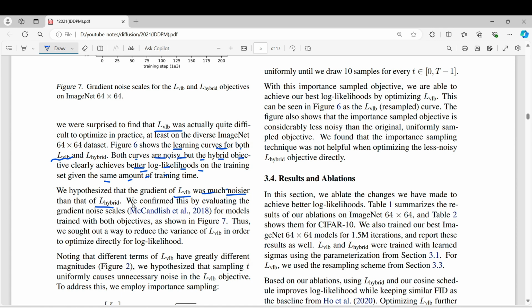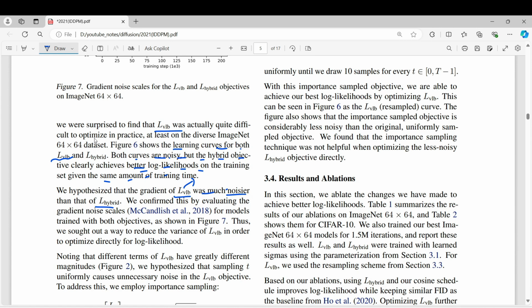When they optimize this L_vlb loss to obtain the best likelihood, they see that it gives much noisier gradients, and it's hard for the model to make the process efficient and better.